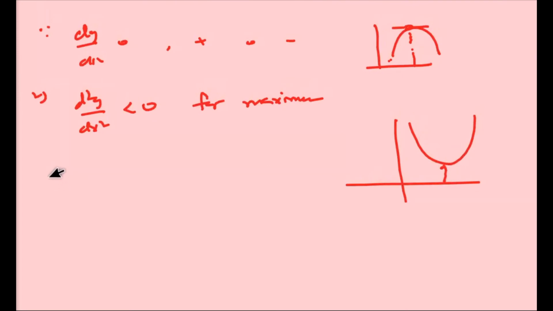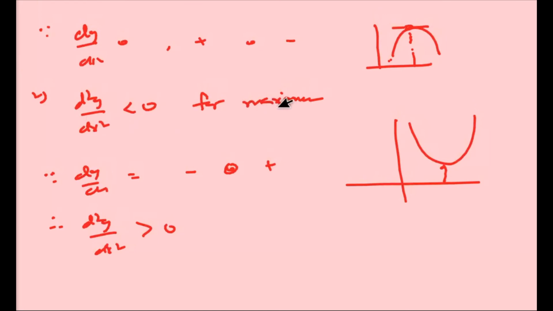Similarly, we can see here, since dy by dx is negative, 0, positive, hence we can say d2y by dx square is negative to positive, it is increasing, okay, so we can say this is greater than 0. Understand? So using higher order, if dy by dx equal to 0, by taking the sign of d2y by dx square, either negative or positive, we can say it is maximum or minimum, right?